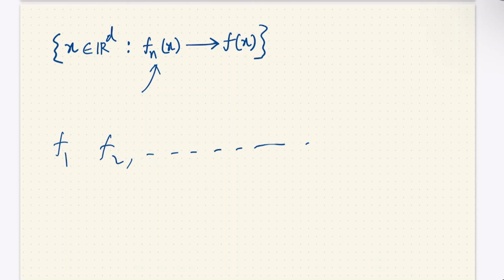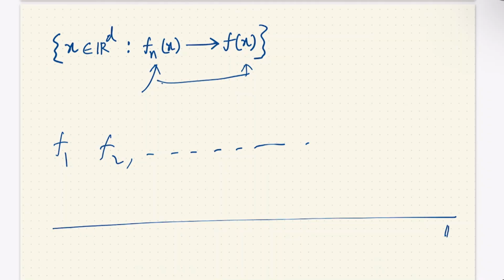It doesn't mean that whenever I say it converges to f, it need be true for the entire R^d. It may not be. So for some portion of R^d, it may be convergent.